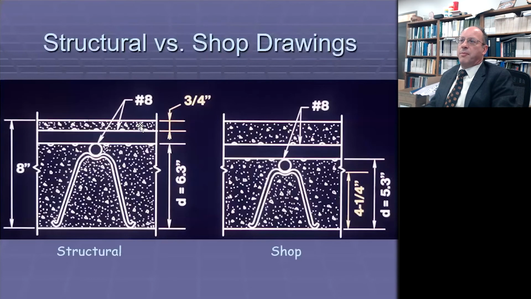And to compound the problem, even though the slab is only 8 inches thick, the structural drawing had chairs that had a D of 6.3 inches, but in fact the chairs were an inch shorter than that, which further reduced the capacity.